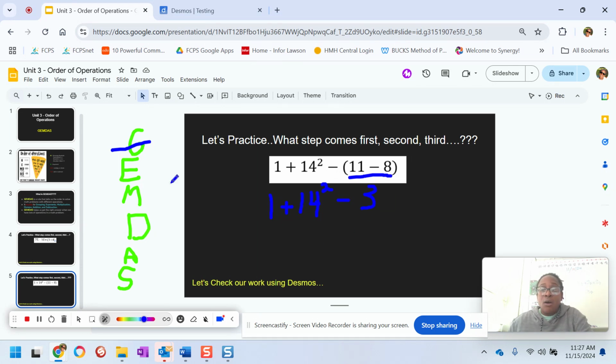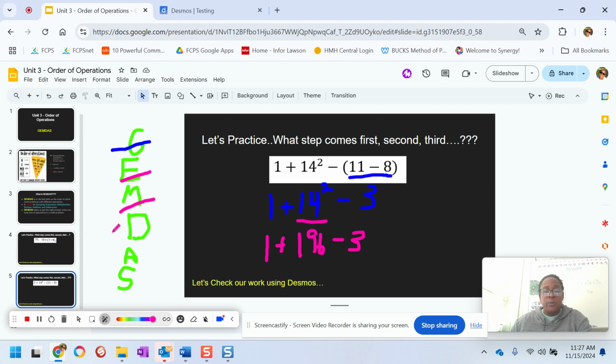Now, do I see exponents? I do see an exponent, 14 squared, and I know that 14 squared is 196, minus 3, and then I'm going to bring down my plus 1. So now I've done my exponent.